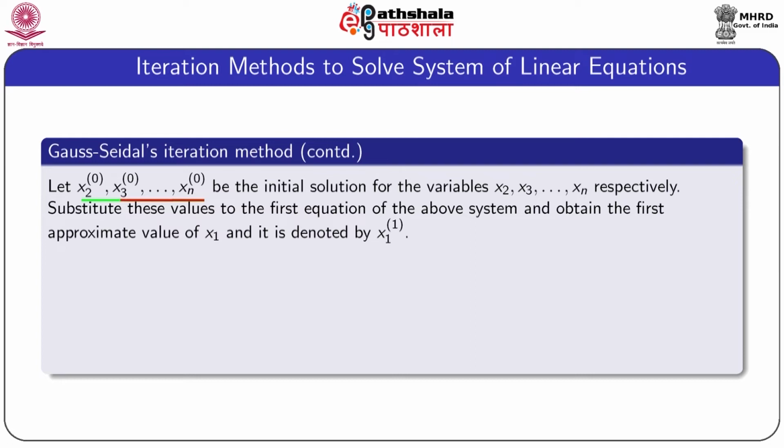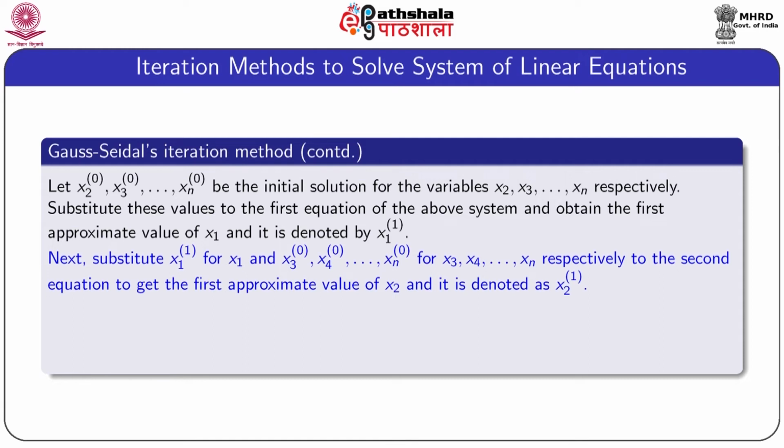Let x2 0, x3 0, dot dot dot xn 0 be the initial solution for the variables x2, x3 up to xn respectively, and substituting these values into the first equation of the above system, we obtain the first approximate value of x1, and this approximate value is denoted by x11.